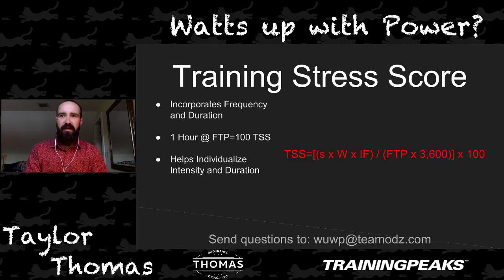The reason that's important to understand is that once you understand that general construct, you're able to more accurately understand how intense or not a ride was, how stressful a ride was, and ultimately how that impacts or should impact your overall approach to your training.